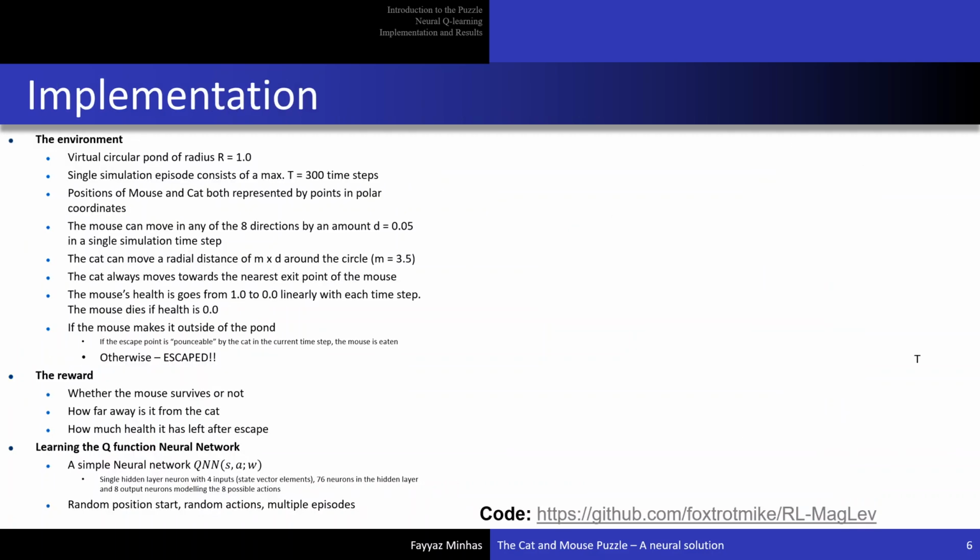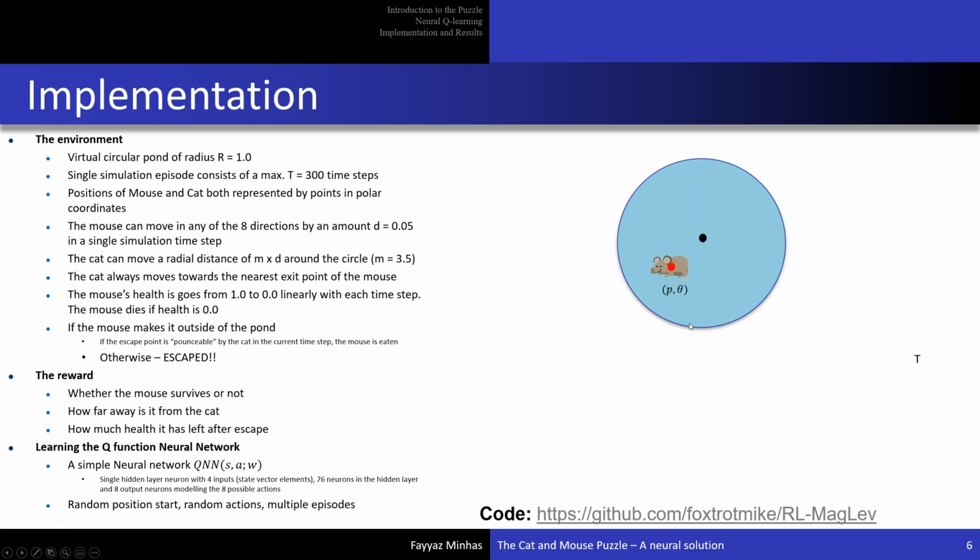Okay. So in order to implement this, there are three major things that we need to implement. The first is a simulation environment. We do that by making some assumptions. We assume that the pond is circular, and we have its center denoted over here by the black dot, and its radius is equal to 1 unit.